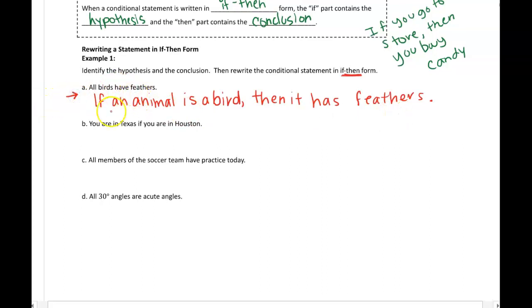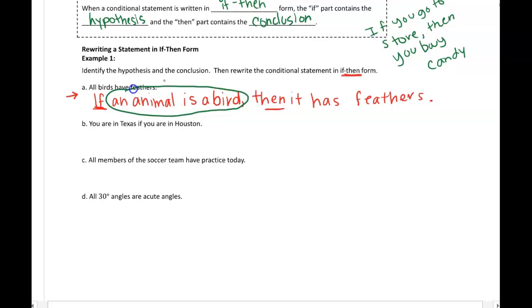We've taken one short sentence and we've written it in a conditional statement, and we know because it's in if-then form. Okay, well, if I wanted to identify the hypothesis and the conclusion, now remember the hypothesis comes before the conclusion, just like in science, the hypothesis comes before the conclusion. So the hypothesis would be what's after the if.